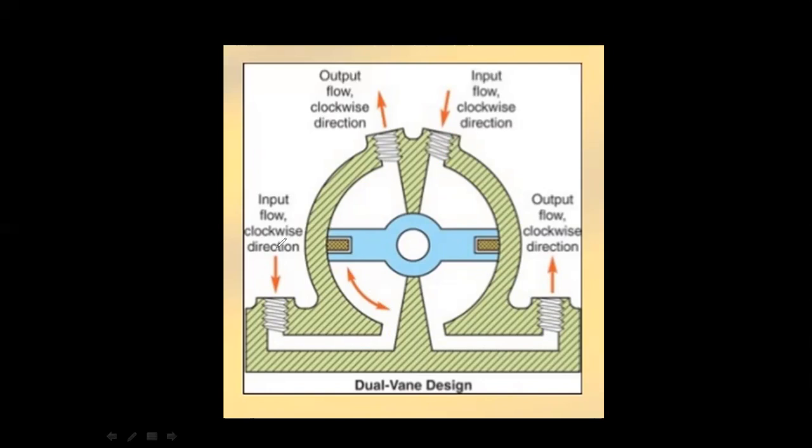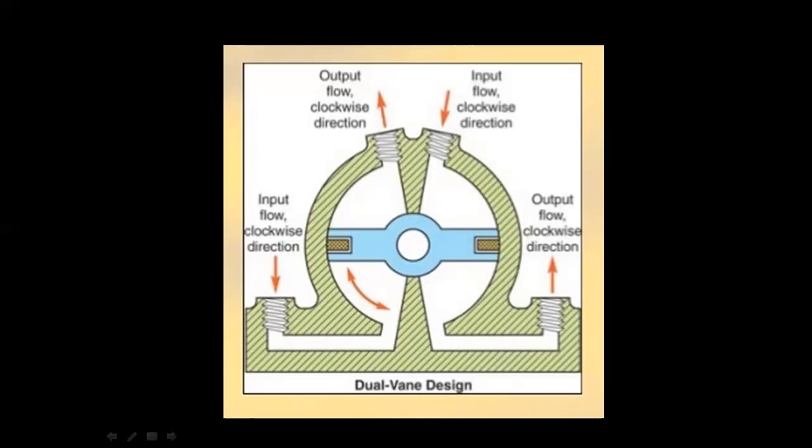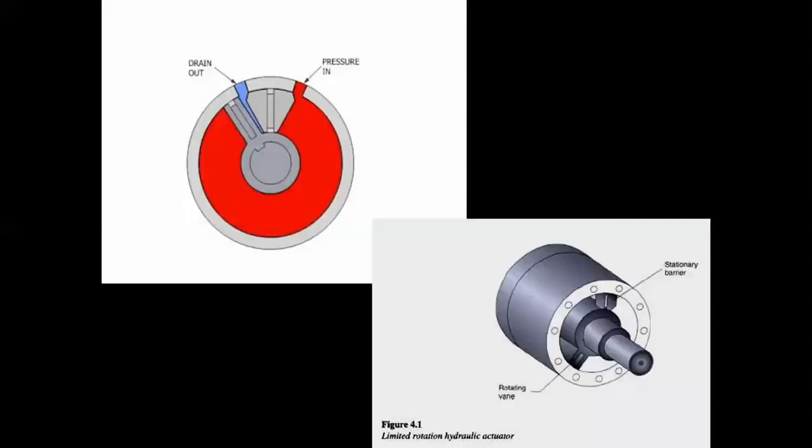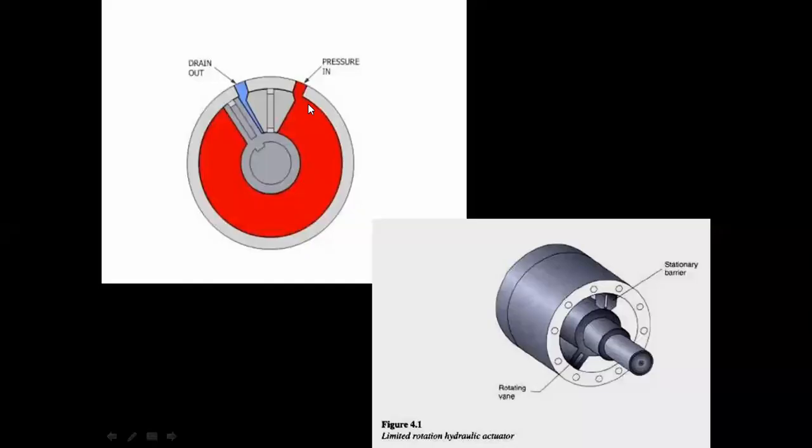So this is the difference between a single vein type motor and dual vein type design. So you can see this diagram in which the red colored portion shows the presence of fluid. This is the fluid present area.